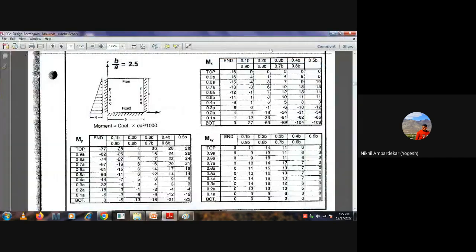So please let me know the maximum bending moment MX for soil pressure. That is 55. 150.42.